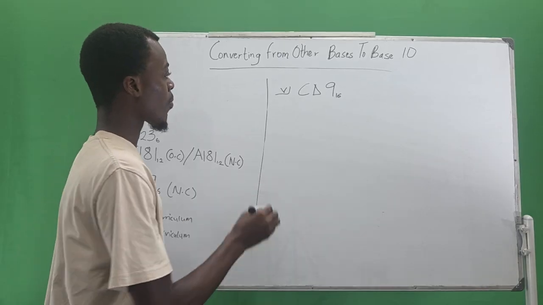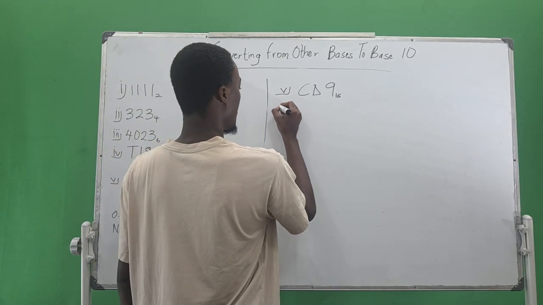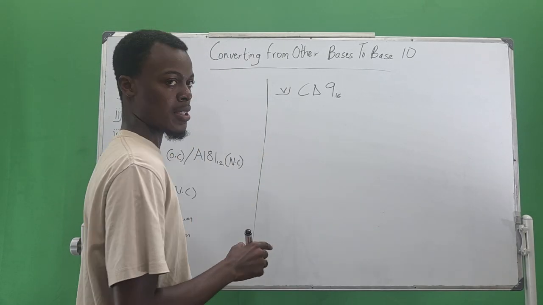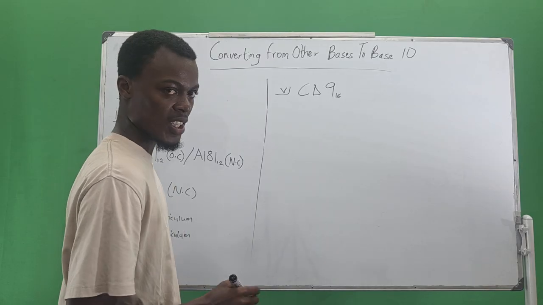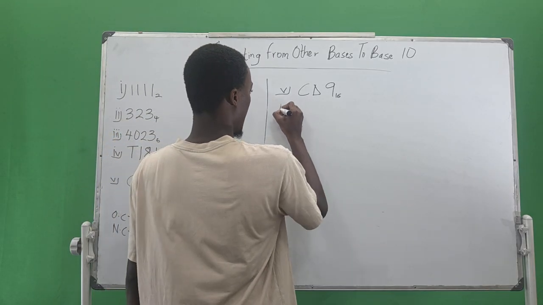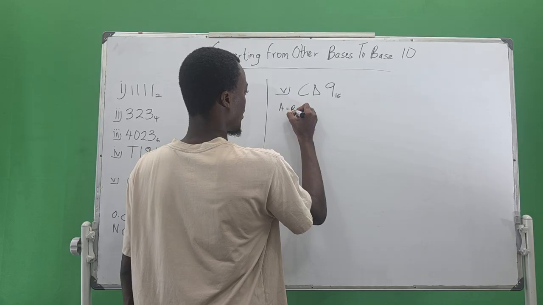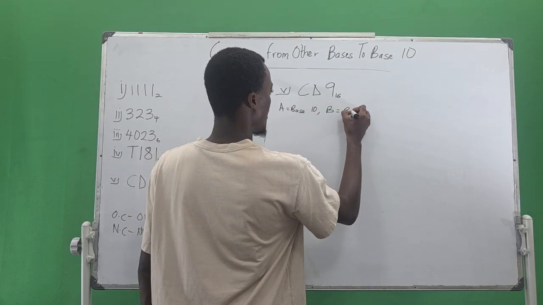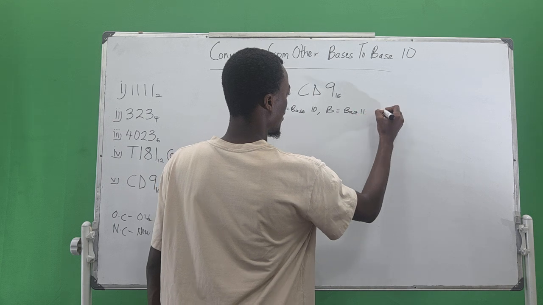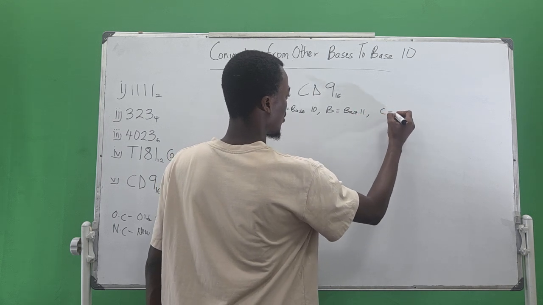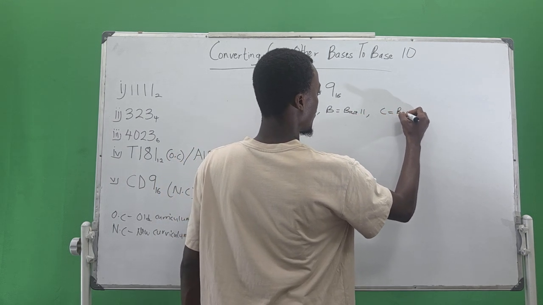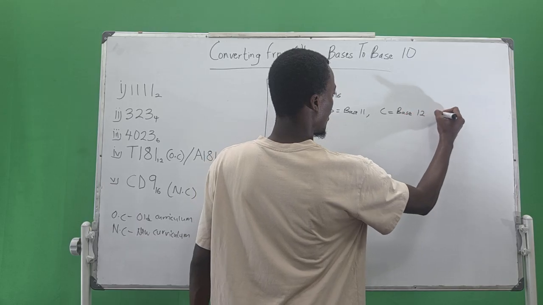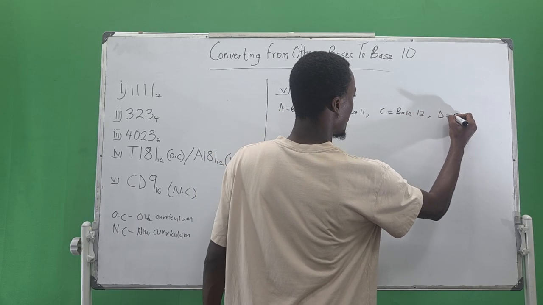Now for the decimal values, don't forget that A is base 10, B is base 11, C is base 12, and D is base 13.